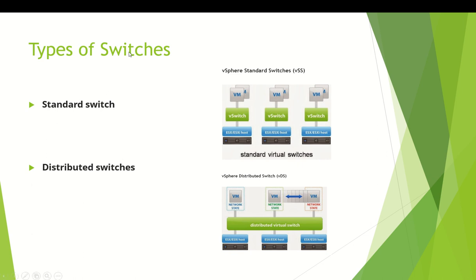So to overcome that, we have the distributed switch. A distributed switch functions as a single virtual switch across all associated ESXi hosts and allows virtual machines to maintain a consistent network configuration as they migrate across multiple hosts.